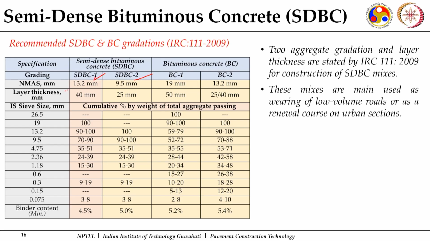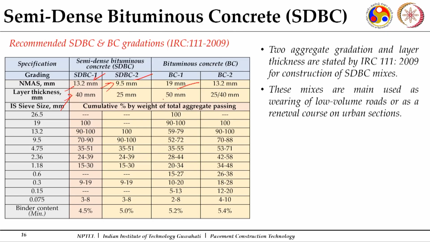Again, it says that if the NMS is 13 mm, you can go around 3 times of it, so the layer thickness should be at least 40 mm. If this is 9, the layer thickness should be around 25 mm. So, 2.5 to 3 times the NMS should be your layer thickness. For 19, the layer thickness of BC, as discussed earlier, should be in this range. When it comes to 13.2, it should be 25 to 40 mm.